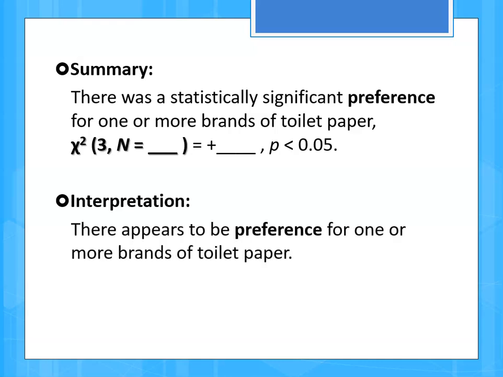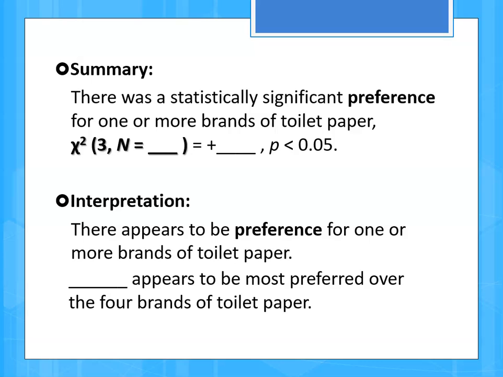The first sentence will explain whether or not there is a preference in toilet paper based on the chi-square value. And the second sentence will be more specific and identify what brand of toilet paper appears to be most preferred according to the observed frequencies. Because we did not calculate effect size, there will not be a third sentence for effect size.